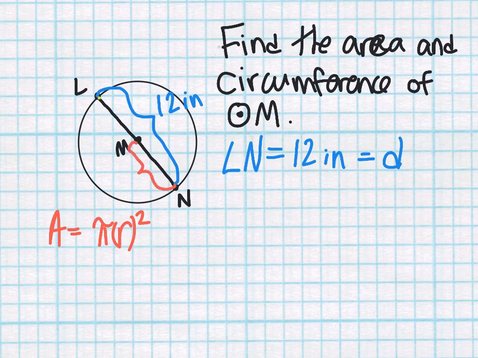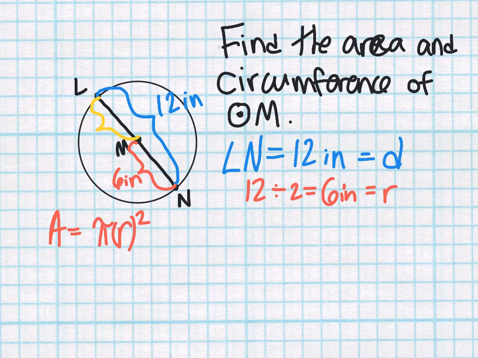Or I could also say what is the distance from L to M. Those should be the same. So we know that the diameter is made up of 2 radii, so I can divide 12 by 2 to get my radius. So 12 divided by 2 equals 6 inches, which is my radius.